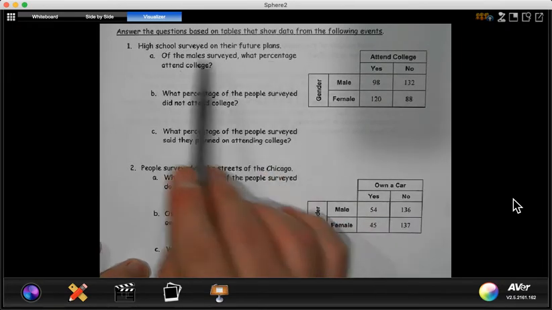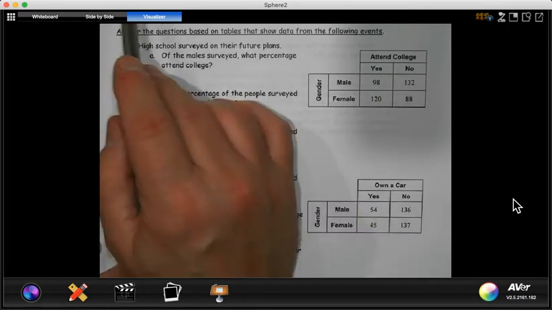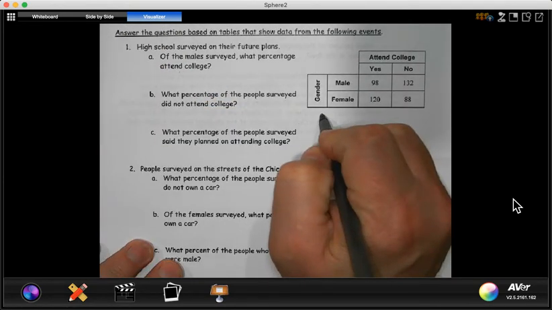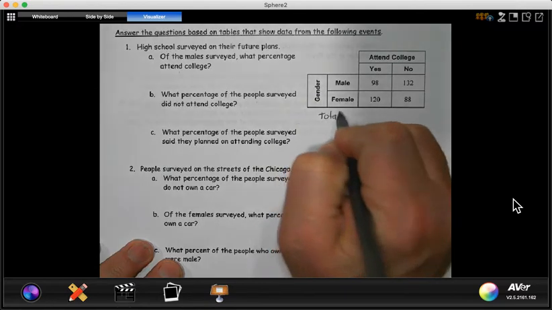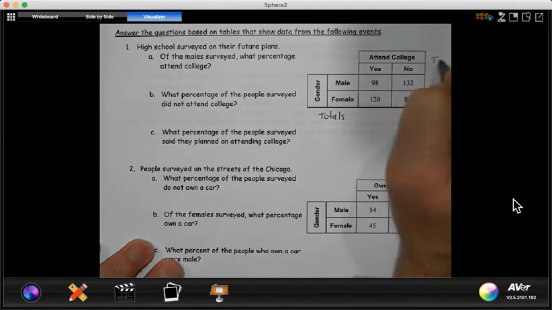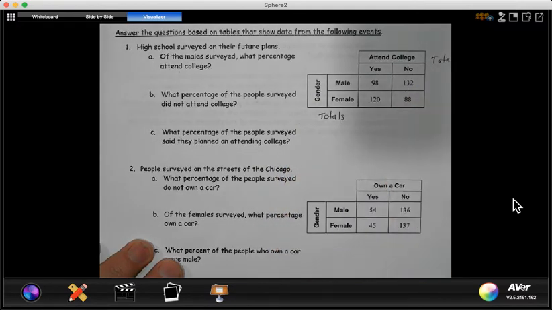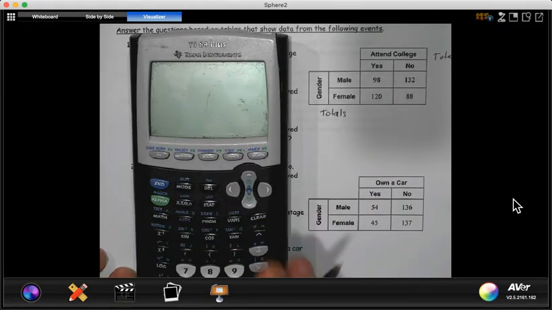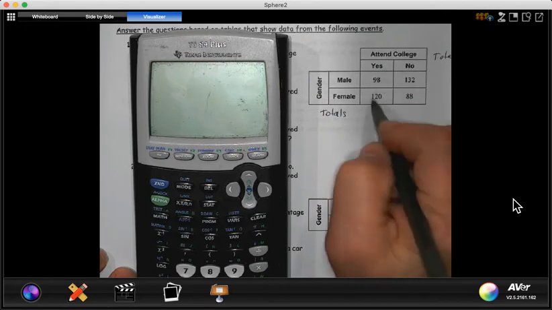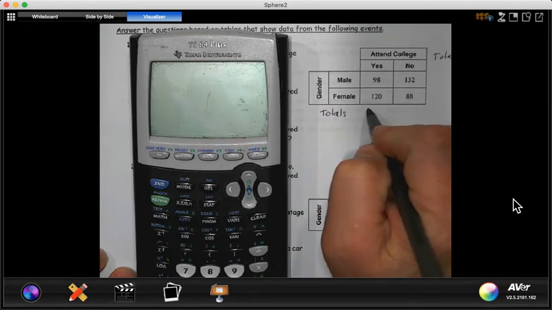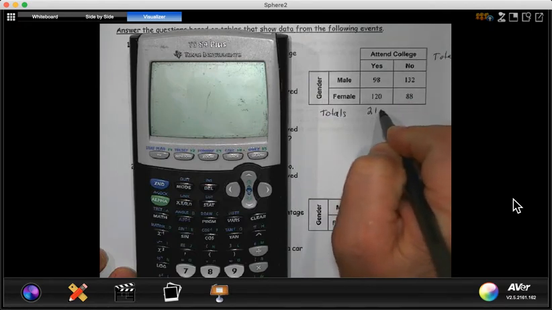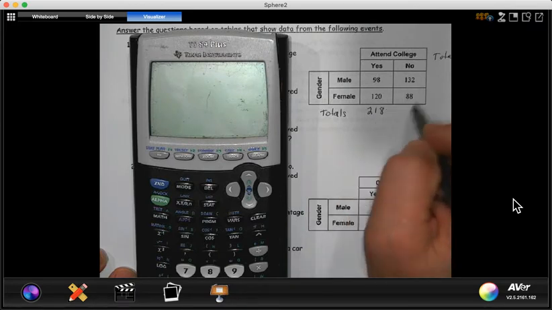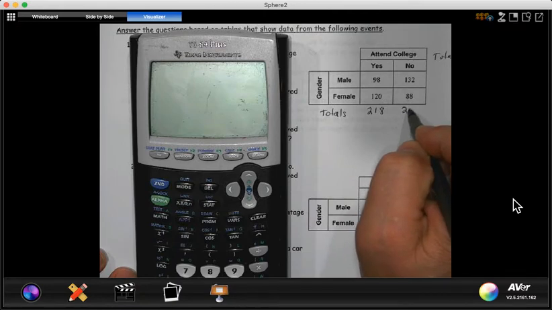So we need to get what's called our marginal frequencies. I just call those the totals. So you grab your calculator and we add everything up. So we add up all the columns and all the rows. So 98 plus 120, I'm thinking that's 218. 132 plus 88 is 220.